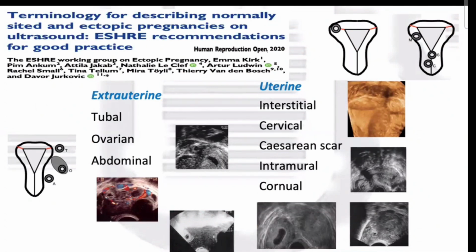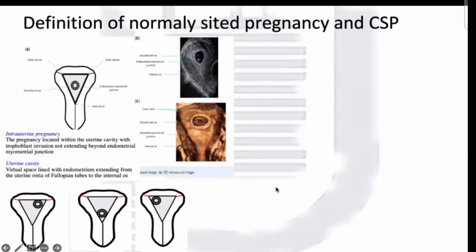So the first thing is, when we are speaking about cervical and cesarean scar pregnancy, are ectopic pregnancy or inside the uterus, like cervical pregnancy or cornual pregnancy. So when we have to define what is the normal pregnancy, we have to see that it is a pregnancy inside the uterus, and this cavity is delimited by this line at the cornual tubes and internal os.